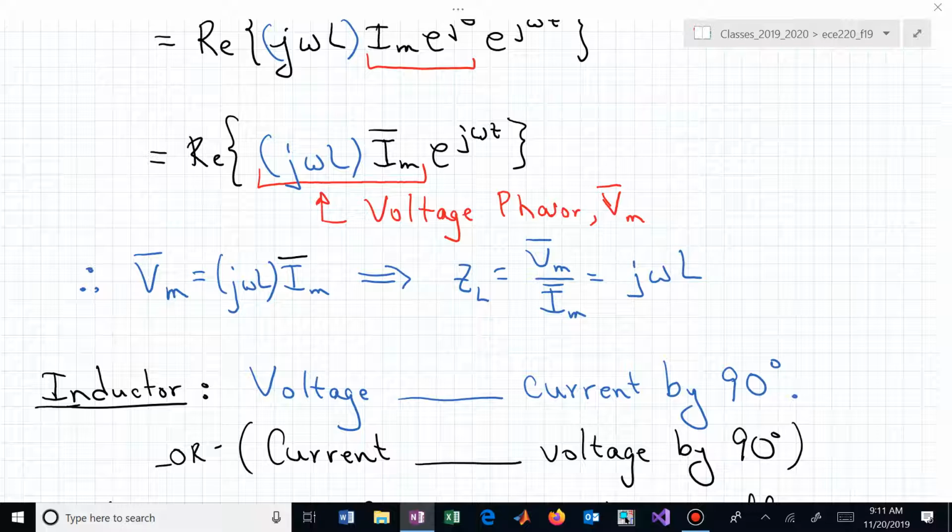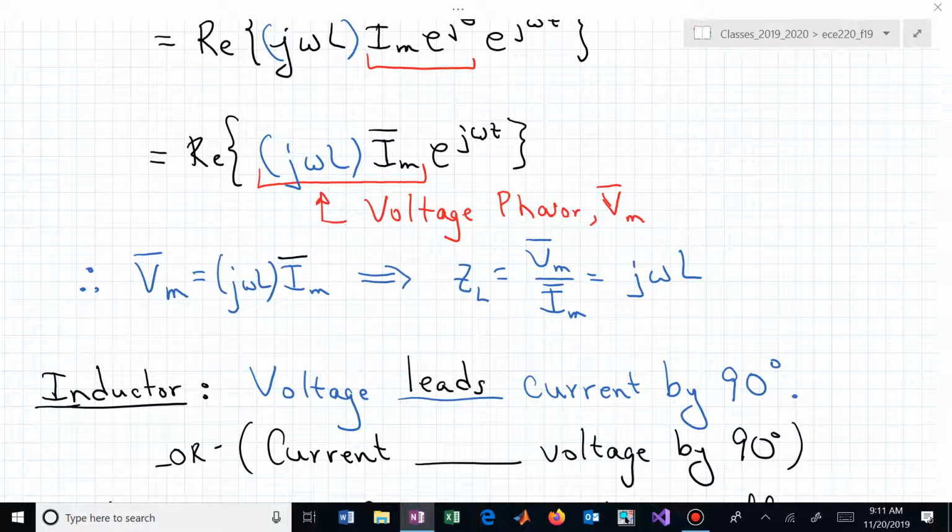So in fact, you have to add 90 to the current's phase to obtain the voltage's phase. That is one way of saying the voltage is 90 degrees ahead of the current. So in fact, the voltage does lead the current in an inductor by 90 degrees.